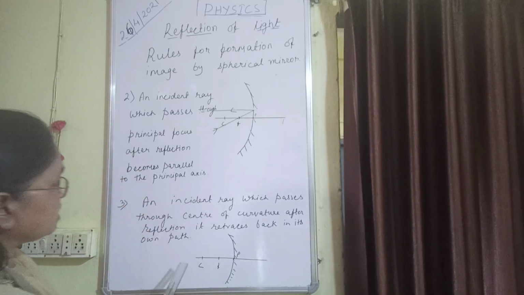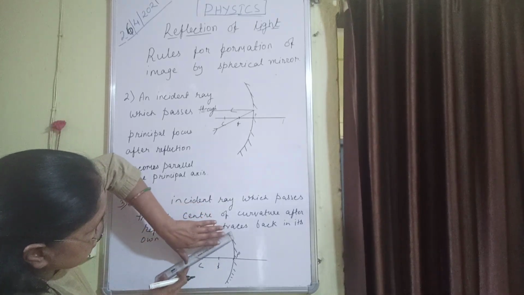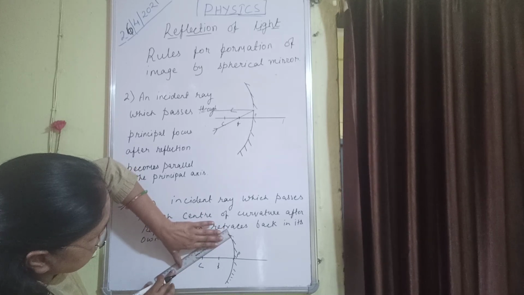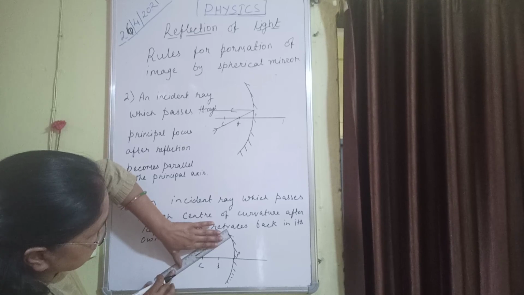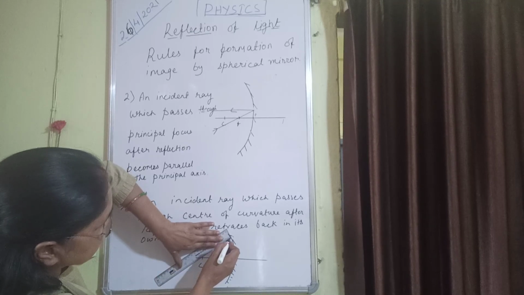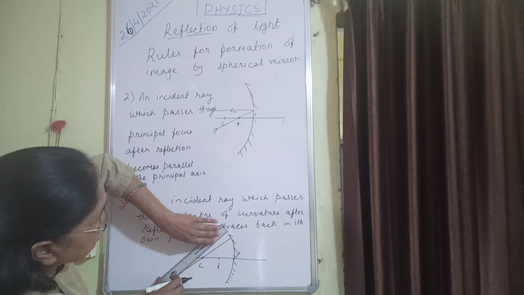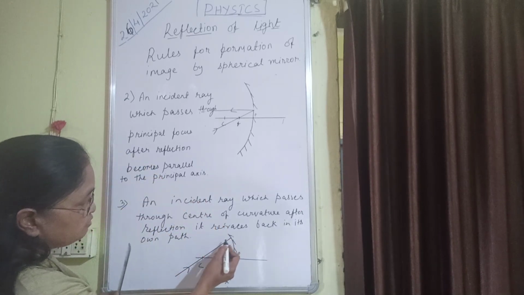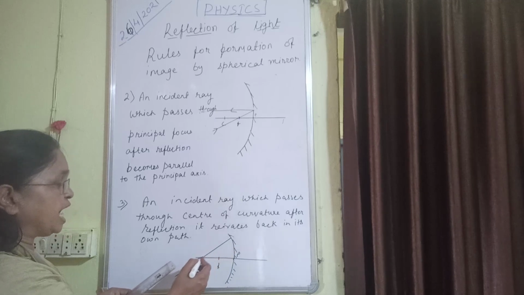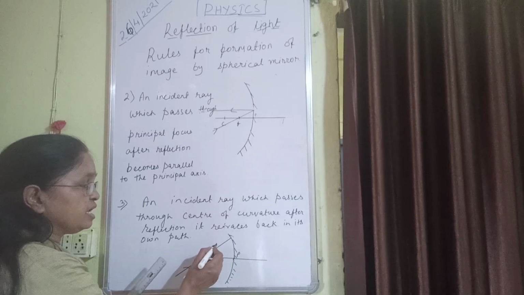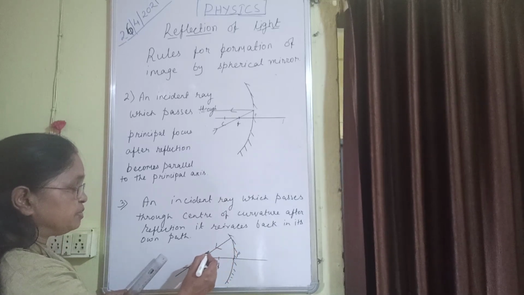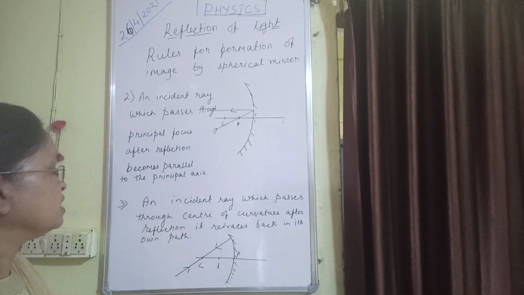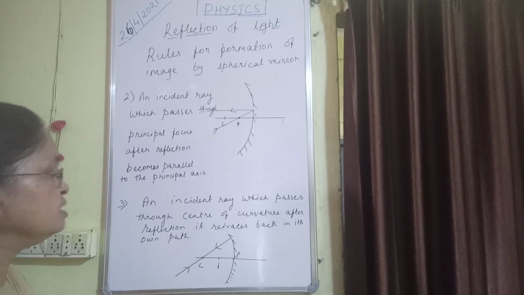Rule is saying an incident ray which passes through center of curvature, after reflection, retraces back in its own path. अपने ही path पे वापस चला आया. It will not change its path. So this is the third rule.